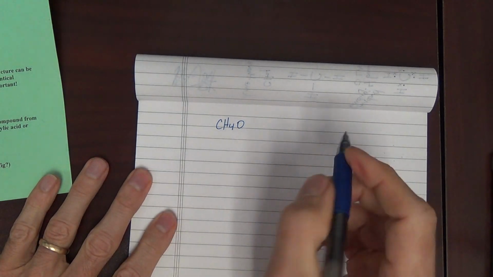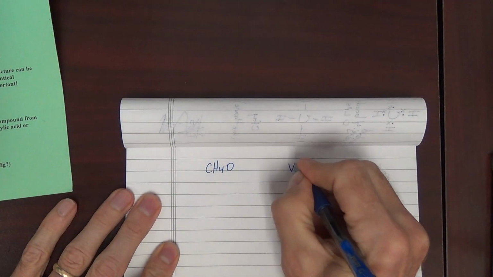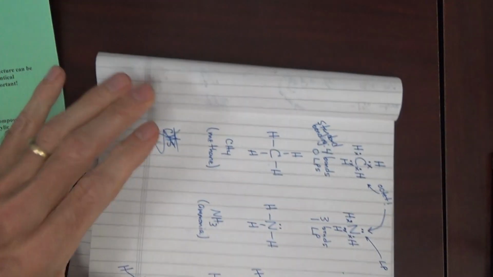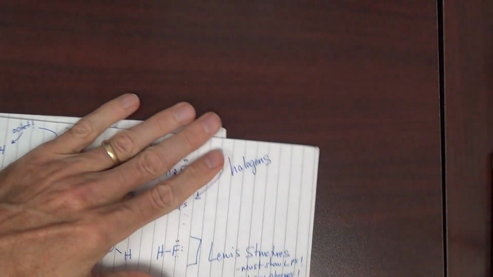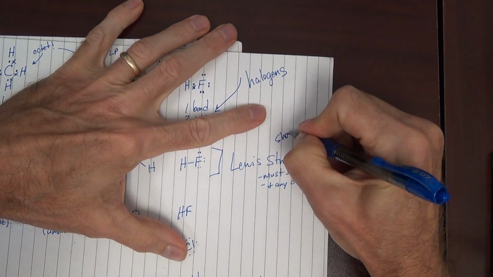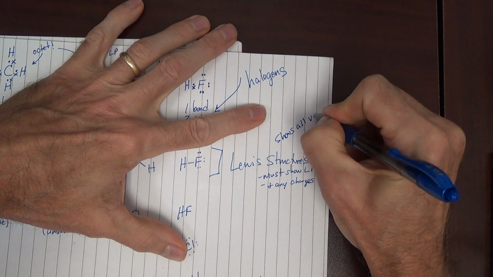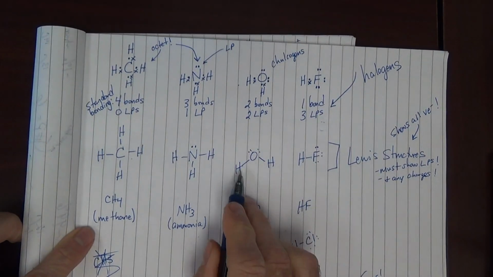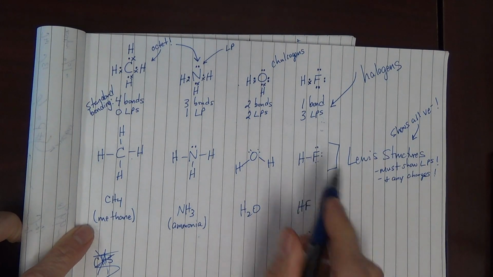Well, the first thing I recommend is: how many valence electrons are we dealing with? Because Lewis structures, we didn't really point it out, show all valence electrons, either as covalent bonds or lone pairs.